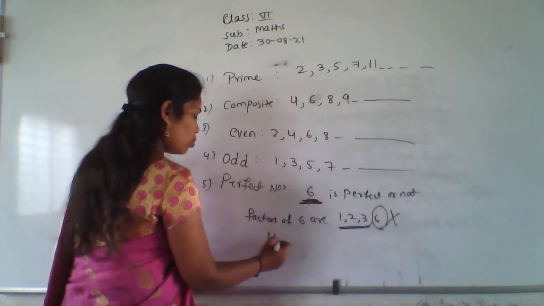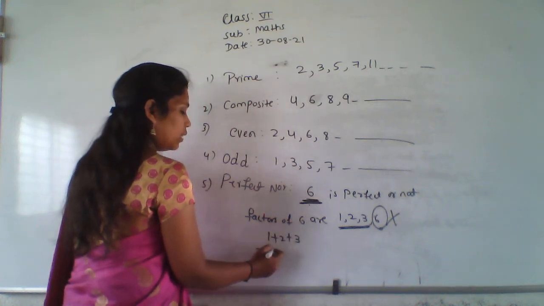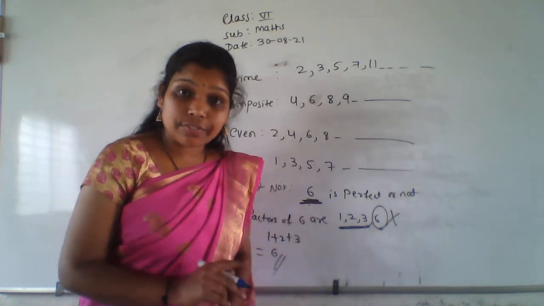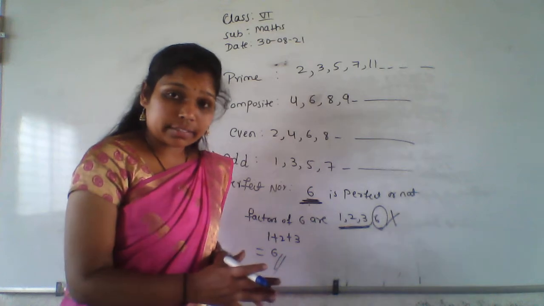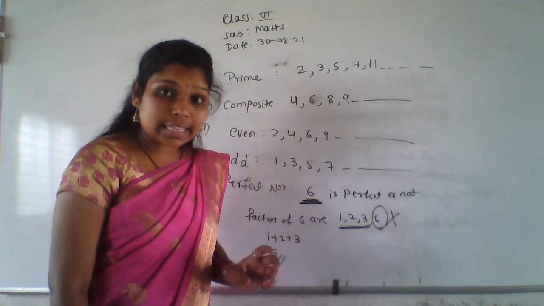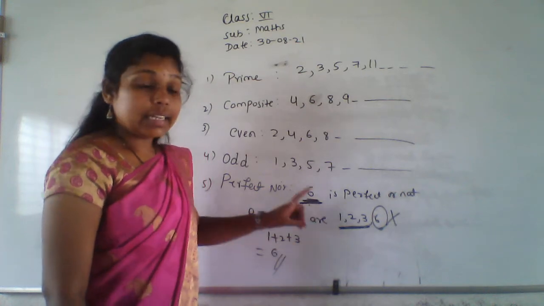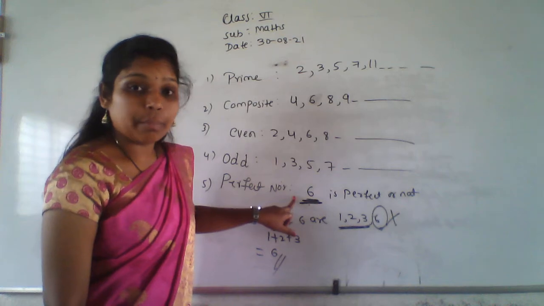1, 2, 3, add those values, 1 plus 2 plus 3. Right? What is the answer here? That will be 6. So if you add the other factors, and the sum of the other factors is the same as the number, then only we can say that it is a perfect number.